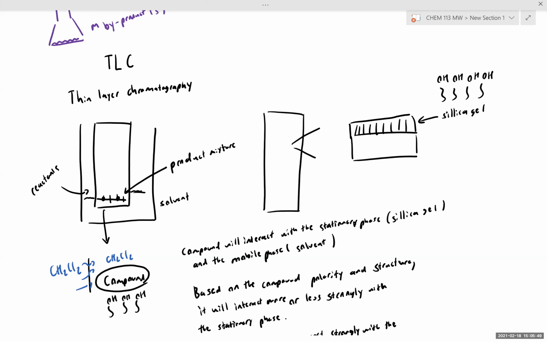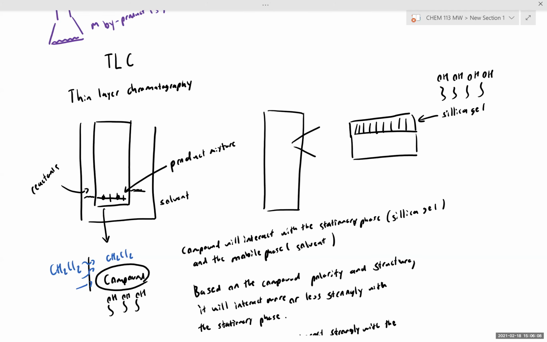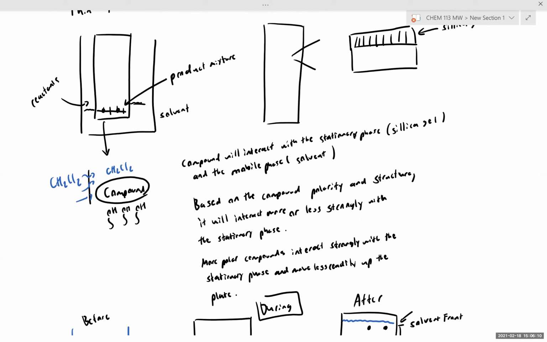And the main thing to note is on this plate, if we zoom into this plate, each of these TLC or thin layer chromatography plates are coated with silica gel, which you can think of as a surface containing multiple hydroxyl groups. So your compound can interact with your stationary phase, and it will interact with the mobile phase, which is the solvent that is slowly moving up your TLC plate via capillary action.